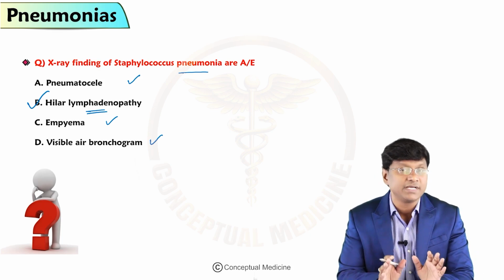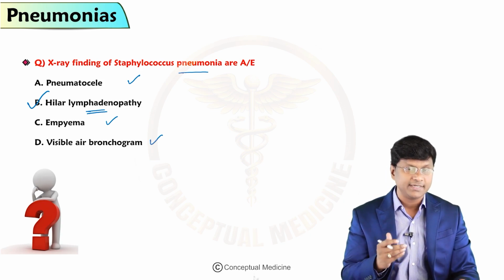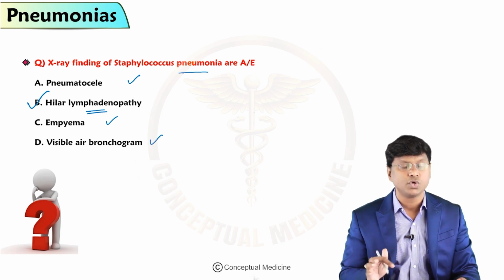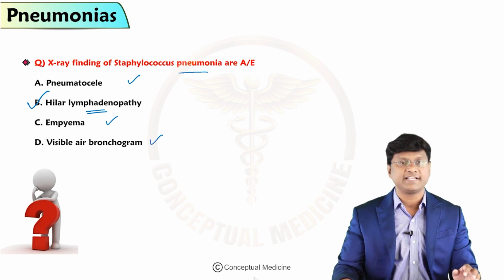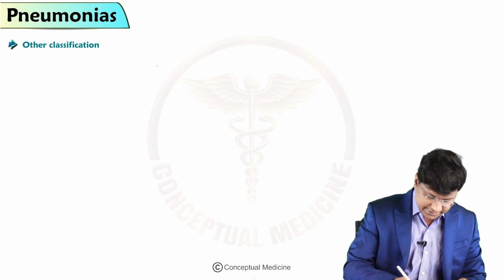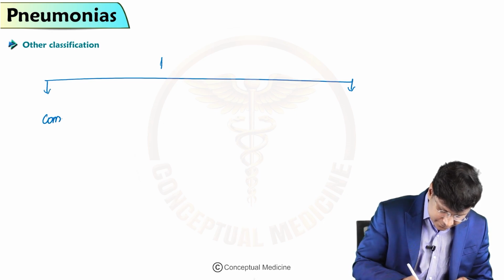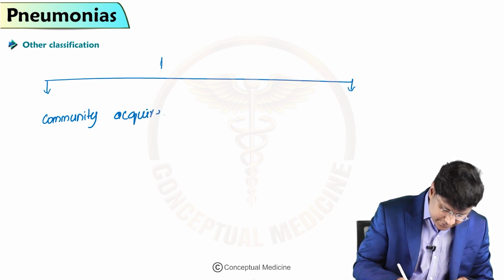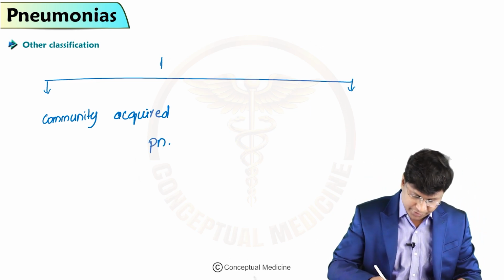So this is your anatomical classification of pneumonia. We still did not discuss the interstitial pneumonias. I will discuss that in detail subsequently, but before that, let me discuss the other classification of pneumonias, based on where the organism has been acquired. Accordingly, pneumonias are classified as community acquired pneumonia and nosocomial pneumonias.